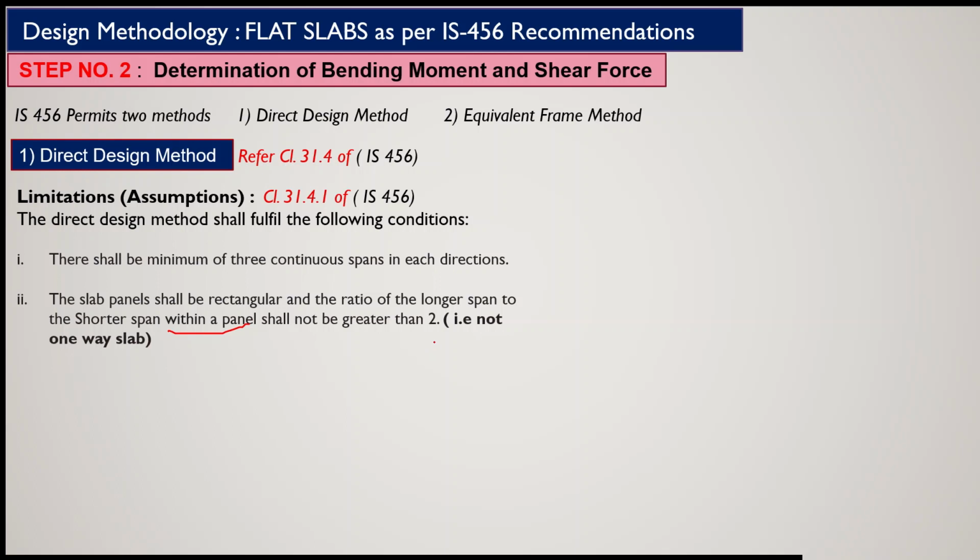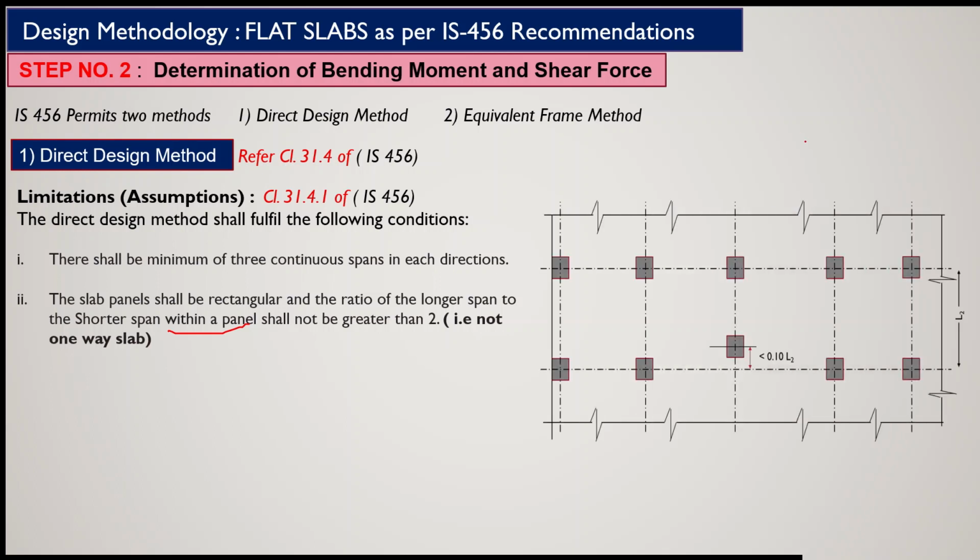So that means code is saying that this method is applicable only for two-way continuous flat slab. That means two-way slab you can design, not one-way slab. So here again we are just seeing a portion of a flat slab having a number of columns.